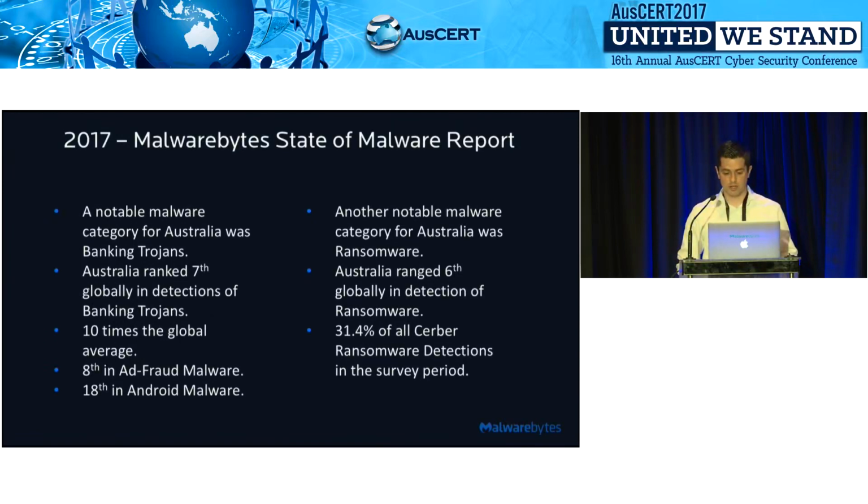Australia ranked 6th in global detection of ransomware, and in our survey period of the month of October last year, we saw that 31.4% of all the server ransomware detections occurred in Australia. We all know very well about the attack that occurred last week with WannaCry. We would not probably consider that the most effective deployment of ransomware, although it generated a tremendous amount of attention in the news.